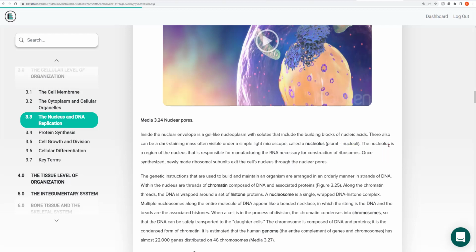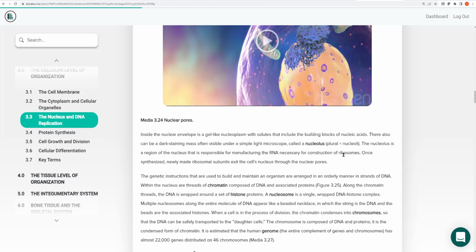The nucleolus, what's its job? Its job is the making of RNA necessary to make ribosomes. So the building blocks of ribosomes are made inside the nucleus. Those building blocks must come through those nuclear pores because ribosomes, recall, are found out in the cytoplasm.